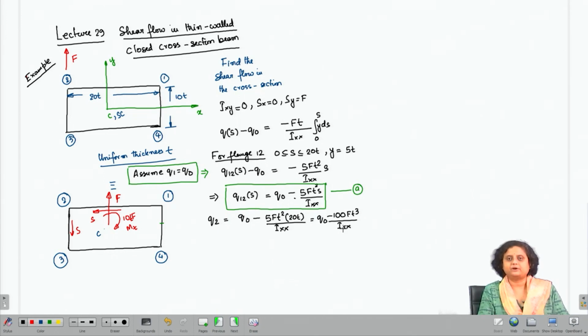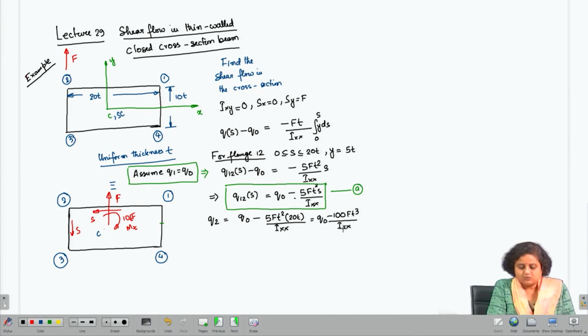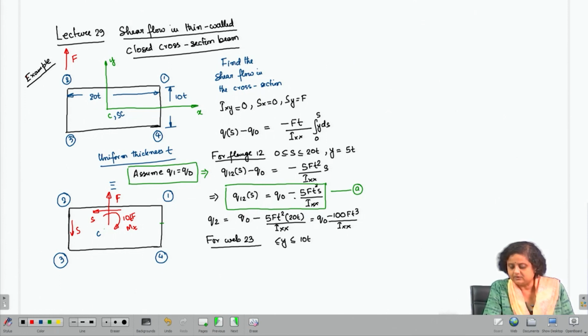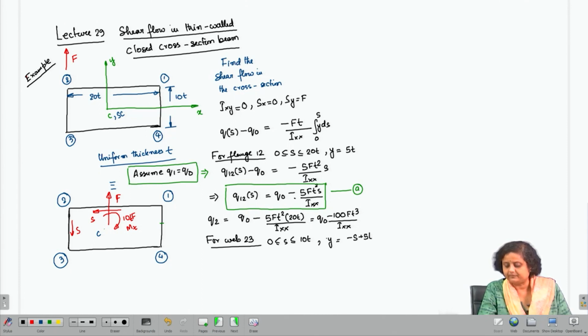This is the expression for Q2. Now, for web 2 3, Y is going to vary between 10T and 0, and Y is going to be minus S plus 5T.